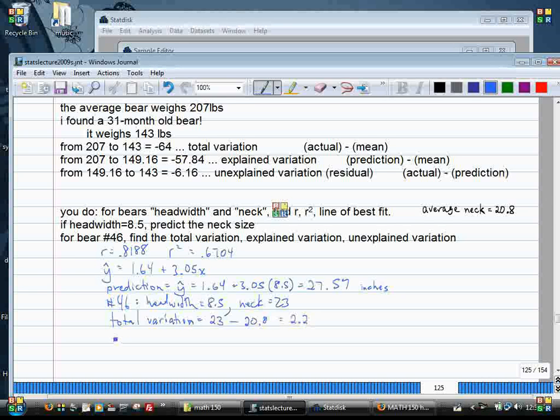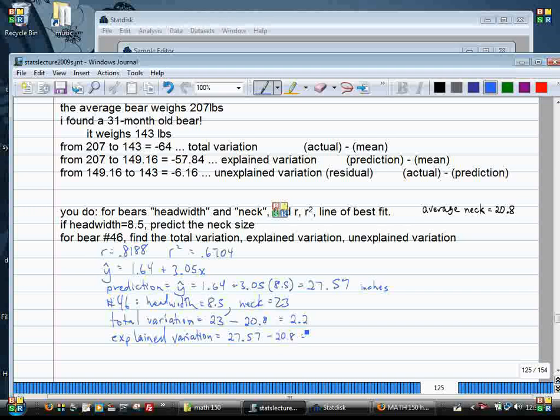Next, the explained variation. So how do we do this? You have to subtract what minus what? The prediction minus the mean. What was the prediction? 27.57 minus the mean, which, what was the mean? 20.8.